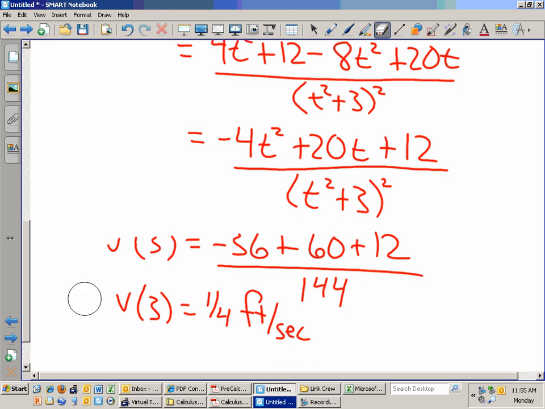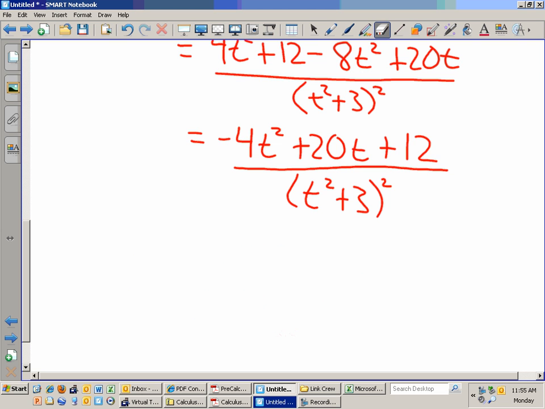I want you to look at the bottom. What do we know about the bottom? It's always positive. Why is it always positive? Because it's being squared. And even in the original function, it's always positive on the bottom because t squared is positive. You square something, you get a positive number. Add 3 to it, then square it.